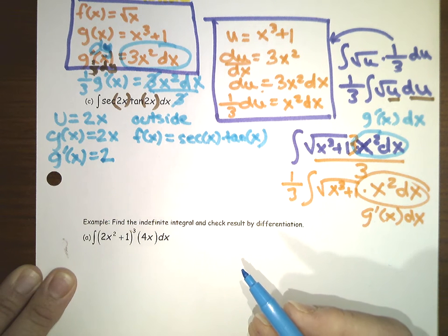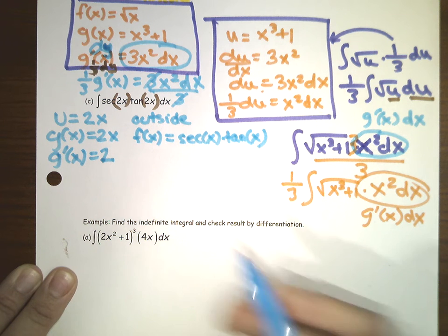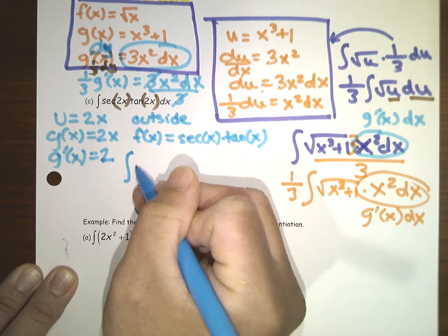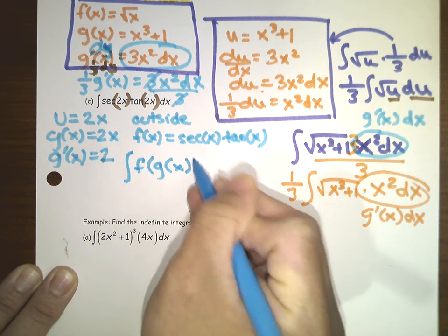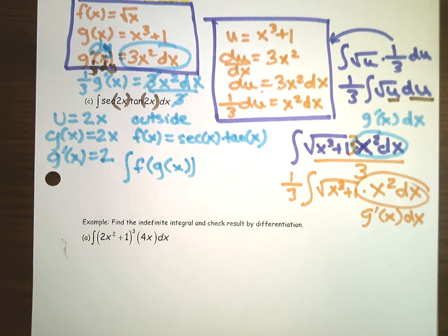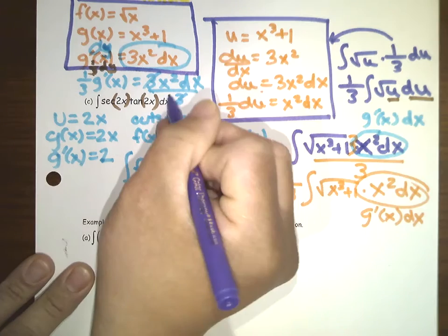And so if you look at what is going on here, you have the integral of f of g of x, but this is similar to what happened with the 1/3. Do you see how this is just dx?